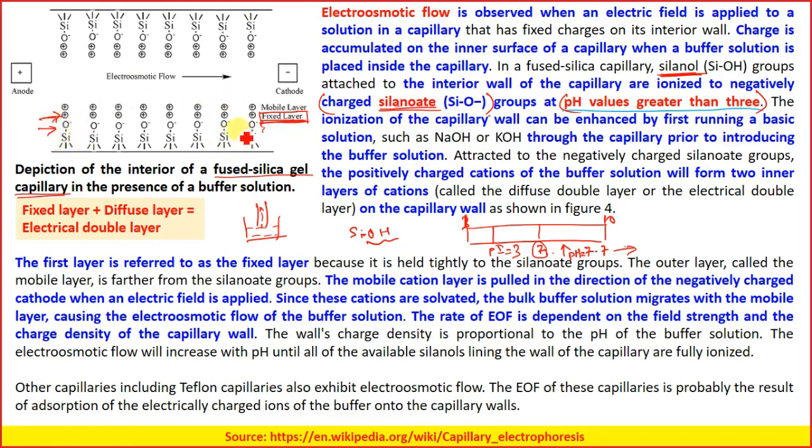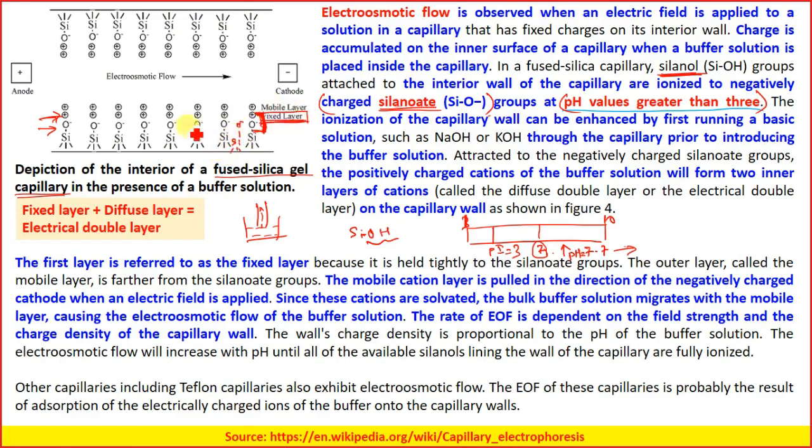Now over here, not all the silanoate groups are activated or covered. So there is some extra number of O minus groups, or anionic groups, present in this fixed layer of anions and cations.